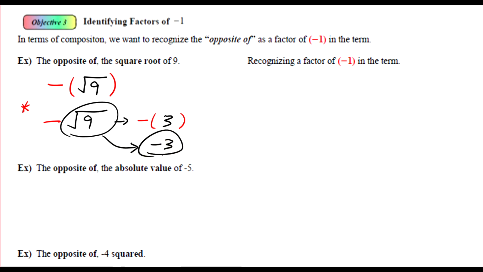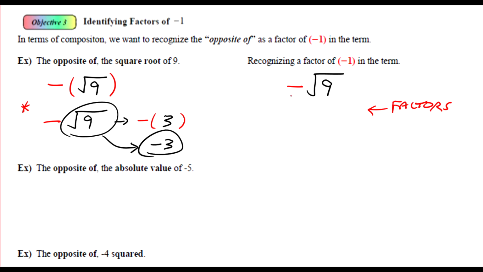Now, let's say we see this exact same expression, and instead of worrying about the opposite of, because this is a negative sign outside of grouping symbols, we're going to look at this in terms of factors.